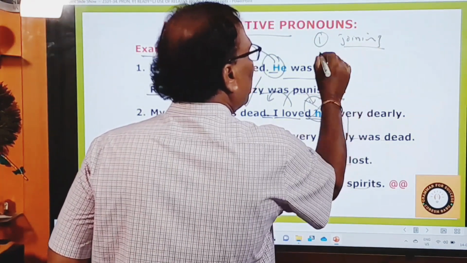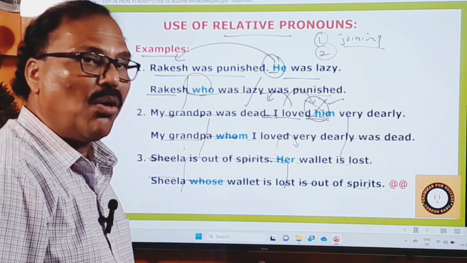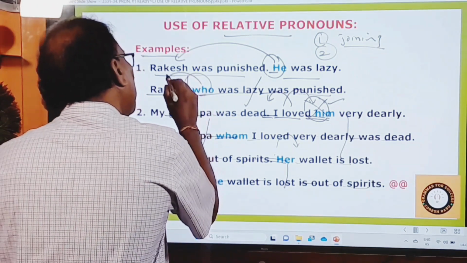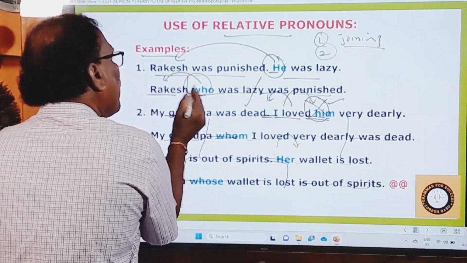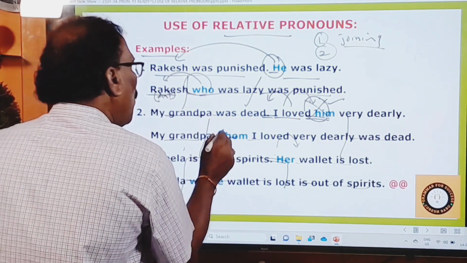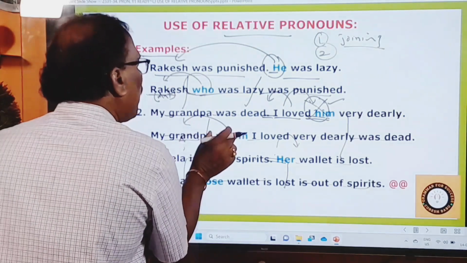This is one aspect. The other aspect is that it is referring to the noun that is going before. Who is referring to or relating to this Rakesh? This is called the antecedent. And here, whom is referring to this grandpa. This is called the antecedent of whom.